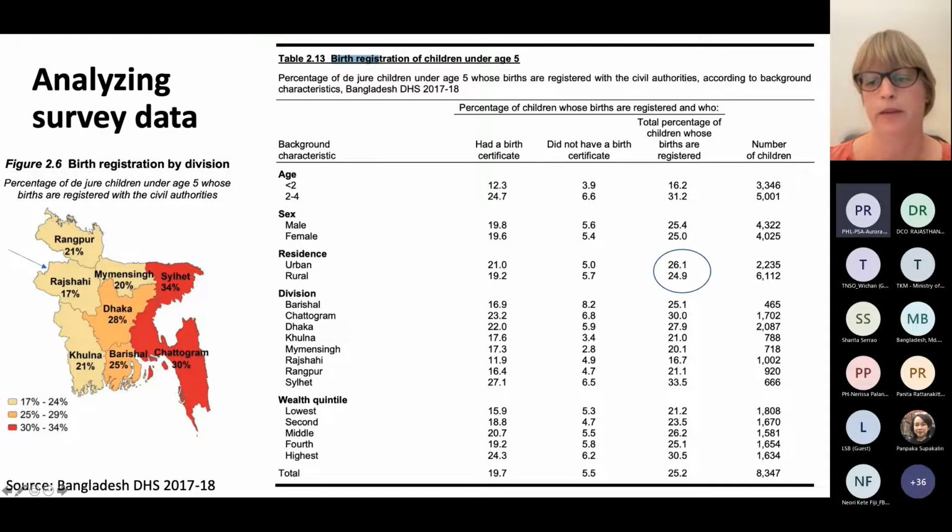But if you were a country that saw quite a bit of differential in wealth quintiles, and the lowest wealth quintile had the lowest rates, that's where you would target it. If for some reason you see a really big differential in rural areas versus urban, you might need to think about access, or mobile campaigns or whatnot. So all of these things would play into how you're going to frame your recommendations to policymakers to improve birth registration.